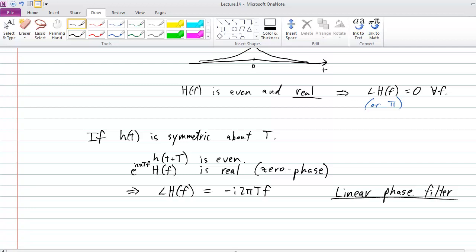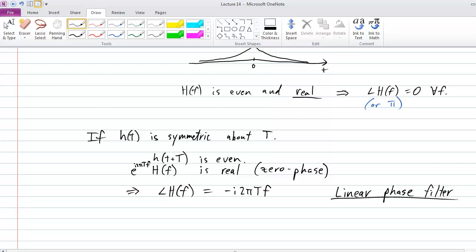If your ideal filter was zero phase, which it often is, I mean, often people are designing ideal filters just by their amplitude, and they leave the phase zero. What that means is that when you window it, you're going to get an even function, and then when you delay it to make it causal, you're going to have an h of t that's symmetric about some point. And the phase of this system is known to be linear phase.